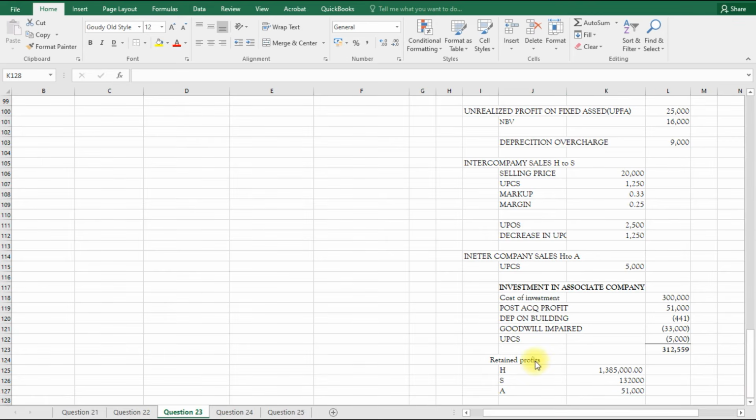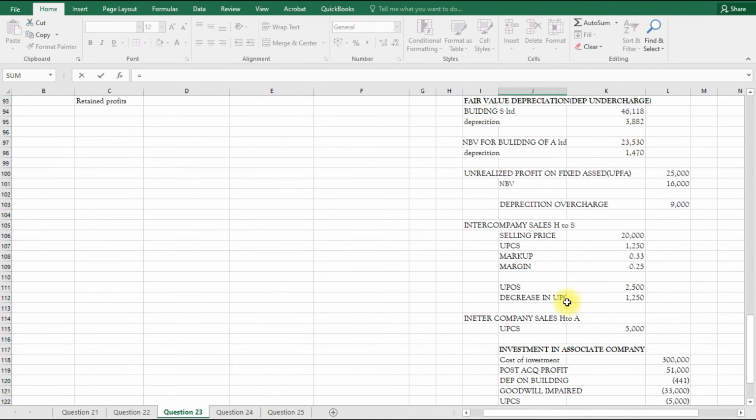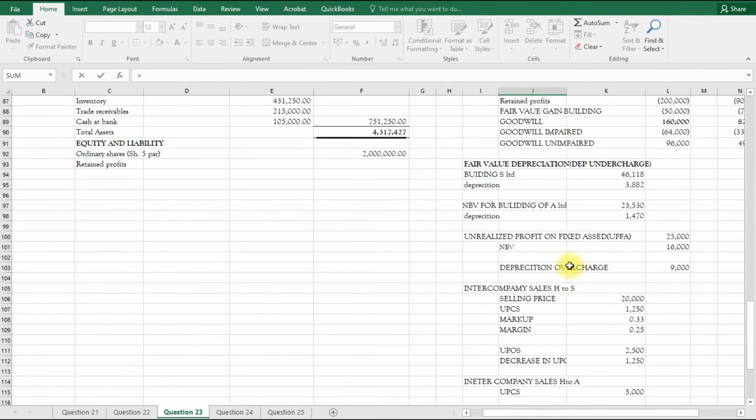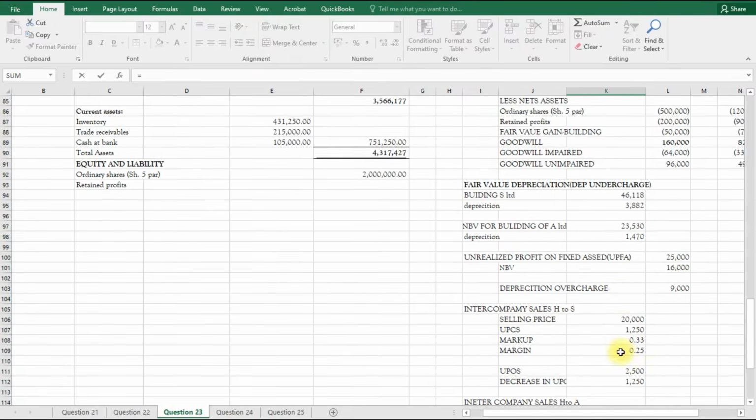Then we add the next thing here. We shall calculate the goodwill impaired. We had goodwill impaired, which will be, we take our portion of the goodwill impaired.